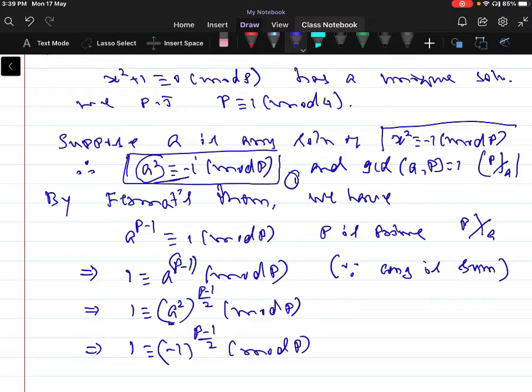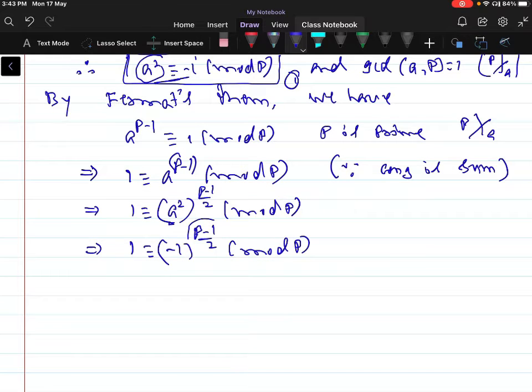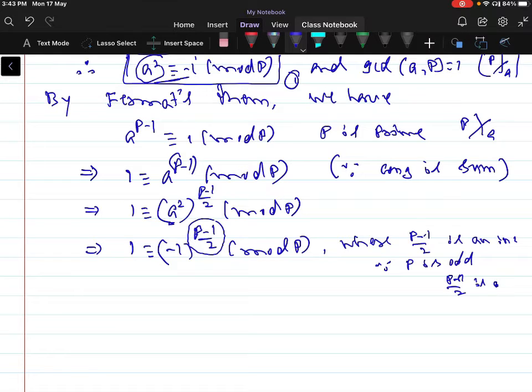Here the power p minus 1 by 2 is an integer, because p is an odd prime, so p minus 1 is even, and divided by 2 it comes as an integer.